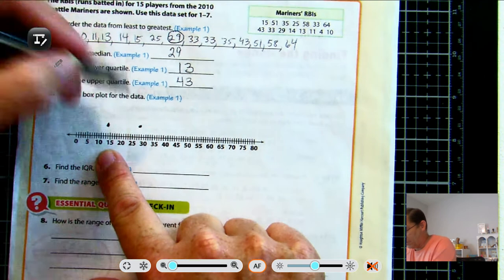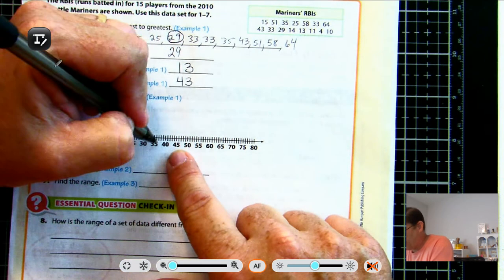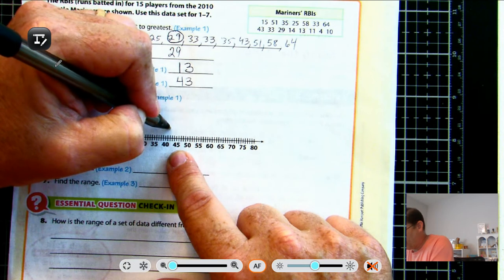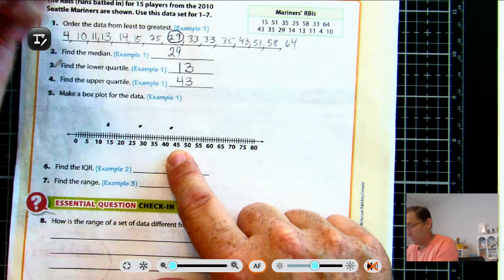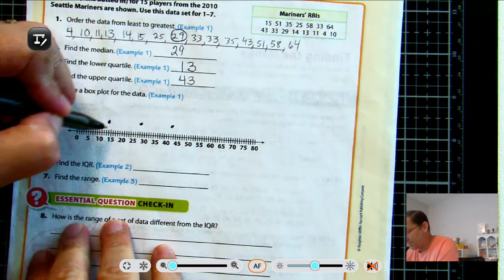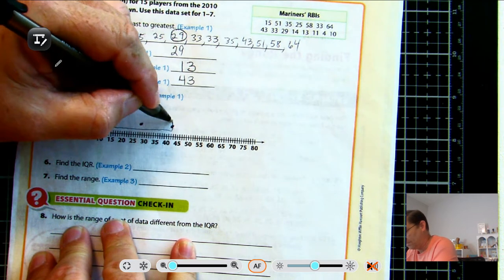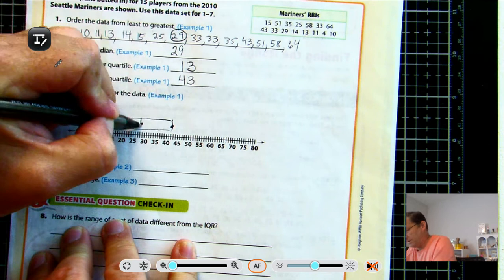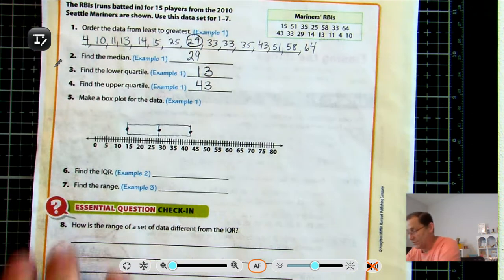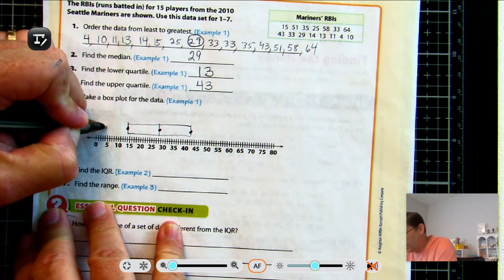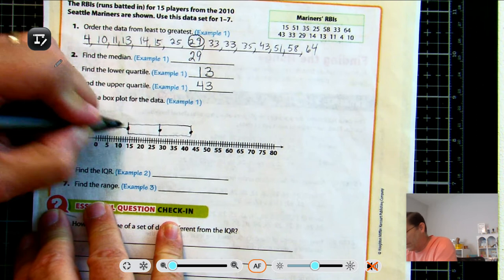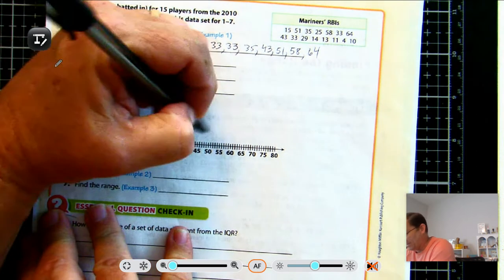The upper quartile is 43. And we can put a box around those and draw a vertical line through the median. What's the least value? Well, the least value is 4. And the upper value is 64.